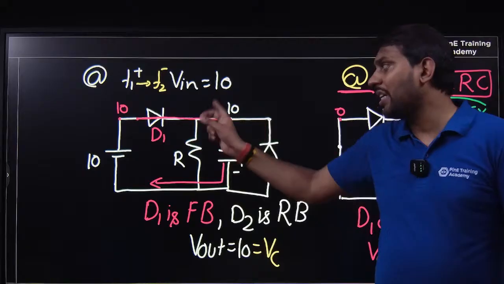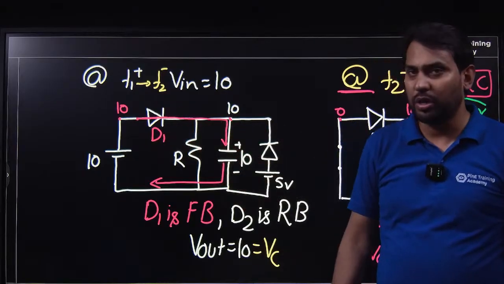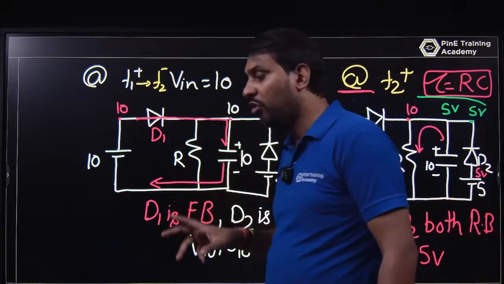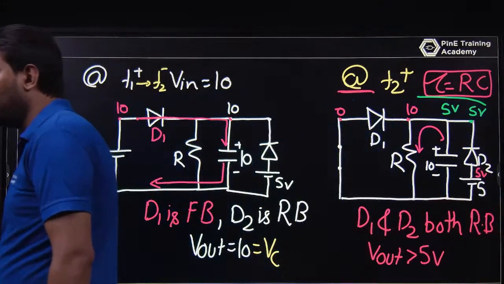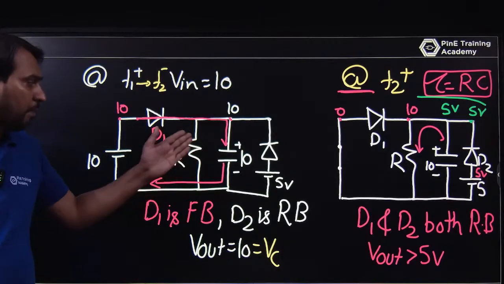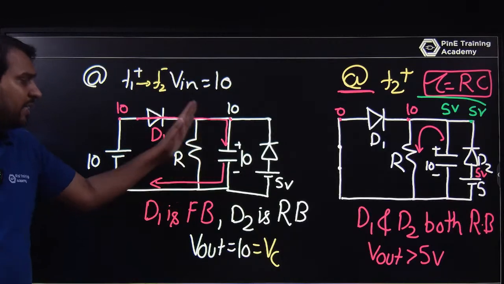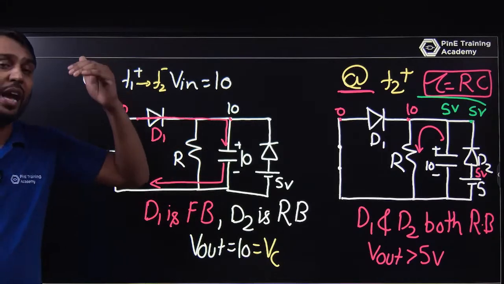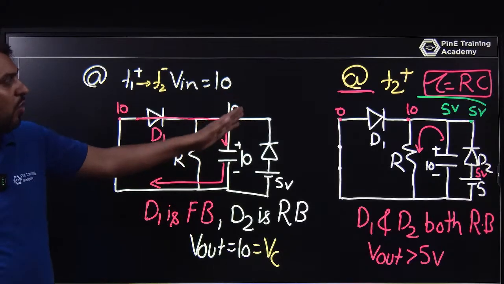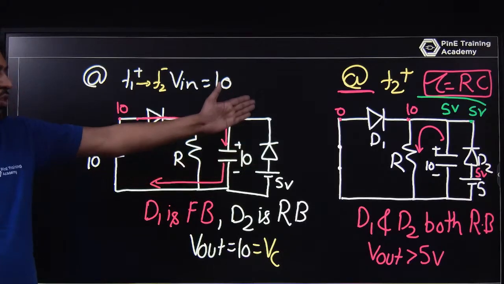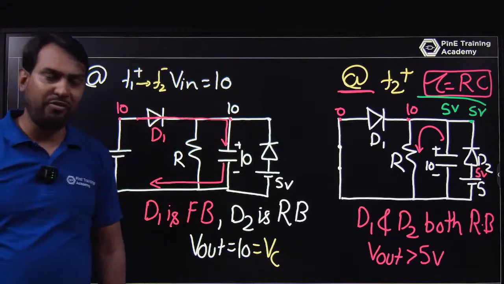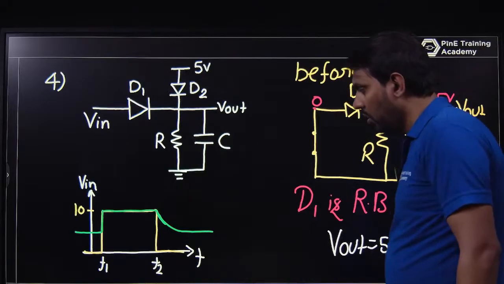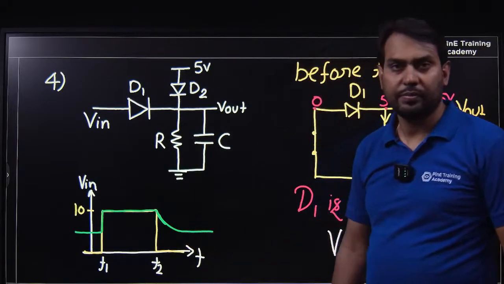It will not discharge directly to ground, and the only path for capacitor discharging is R. So the capacitor is discharging through the resistance, but it has a limit. Once it tries to discharge below 5 volt, D2 will be forward biased and it will become 5 volt. So this is your output there.